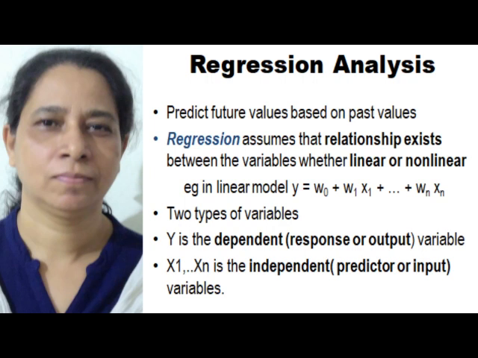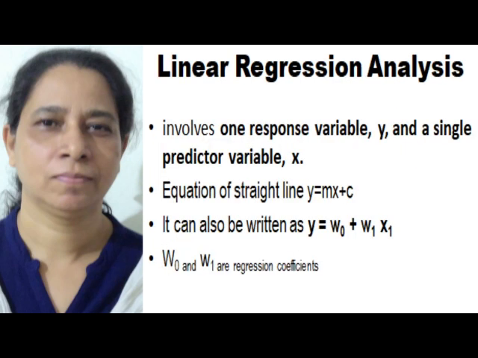Now we will see the details of linear regression analysis. Linear regression analysis involves one response variable y and a single predictor variable x. It is the simplest form of regression and models y as a linear function of x.